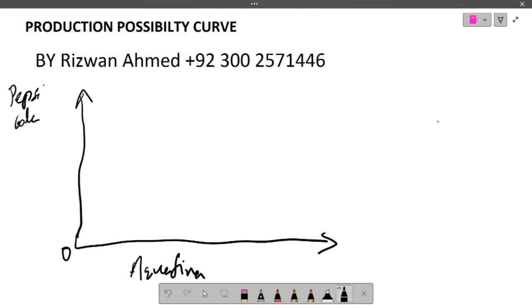Look at this diagram. The PPC becomes concave to the origin. Point A shows that the Pepsi company is producing 10,000 units of Pepsi Cola and at the same time 0 units of Aquafina.